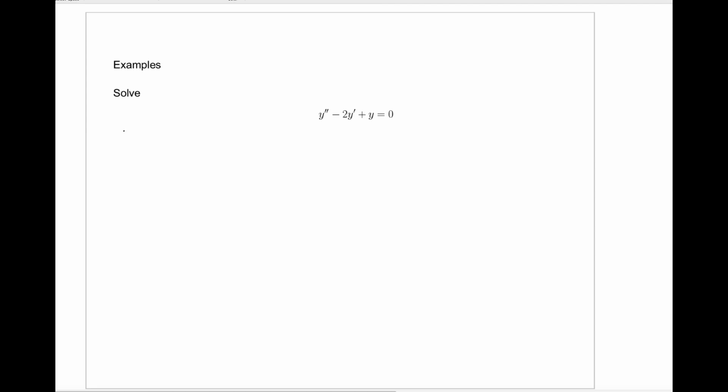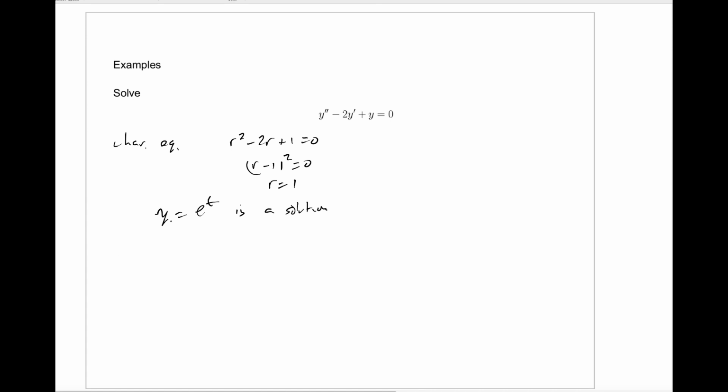you'll see this has characteristic equation r squared minus 2r plus 1 equals 0, easily seen to be (r minus 1) squared equals 0, or r equals 1. That tells you y equals e to the t is a solution, which is very easy to check. And by the way, I didn't mention it last time, but you should have checked that those solutions were all valid.